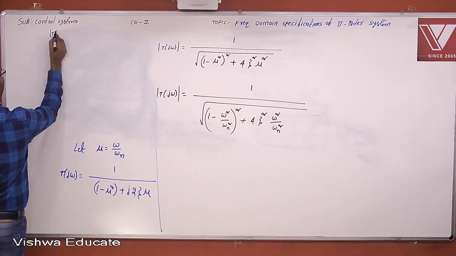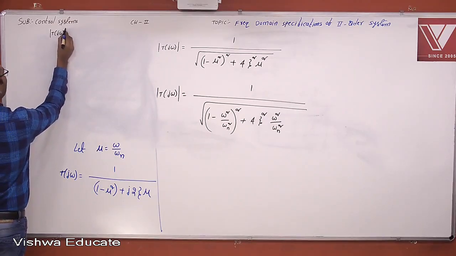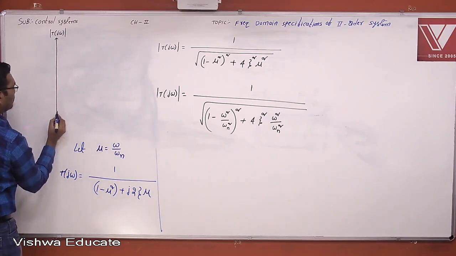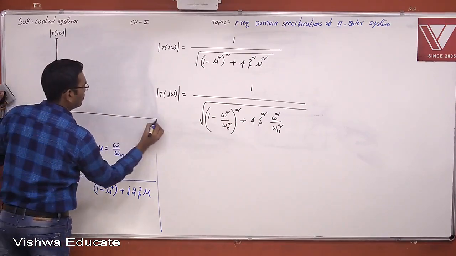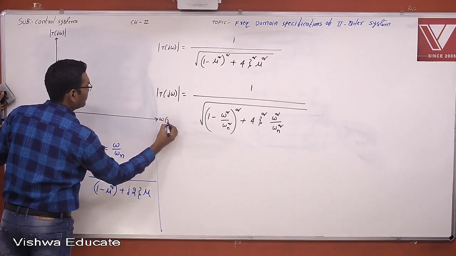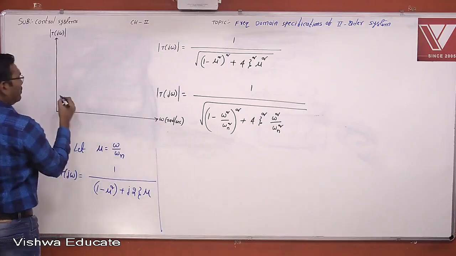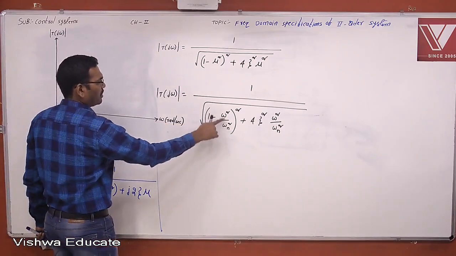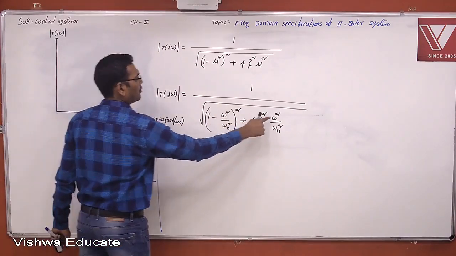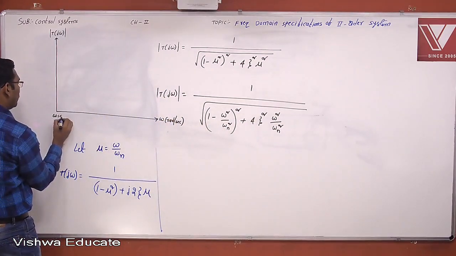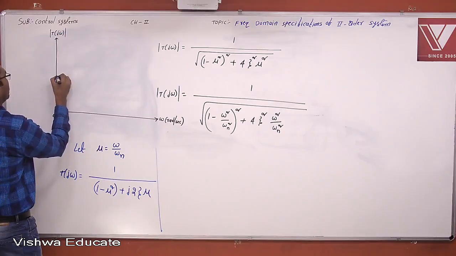Now this is the magnitude of the second order system, with respect to frequency omega radians per second. Now when omega equal to 0, substitute, this is 0, this is 0, 1. So when omega equal to 0, then this magnitude is 1.